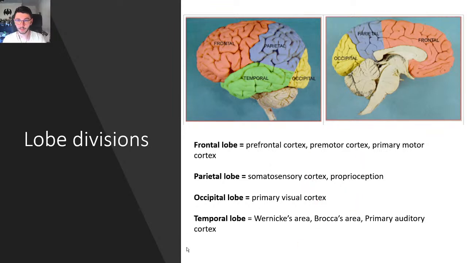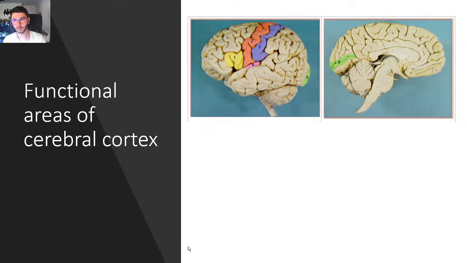So now we're going to look at the functional areas of the cerebral cortex. There are a few here. Number 1 would be your Broca's area. That's for speech. Number 2, that's your precentral gyrus. That's for motor. Number 3 is postcentral gyrus.